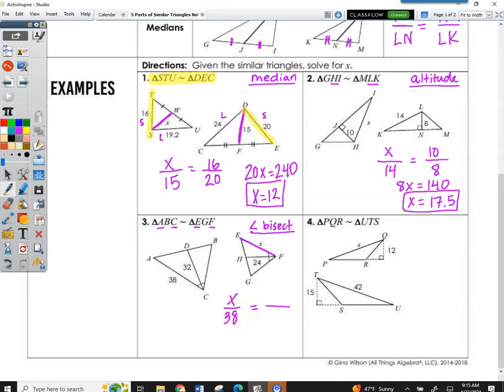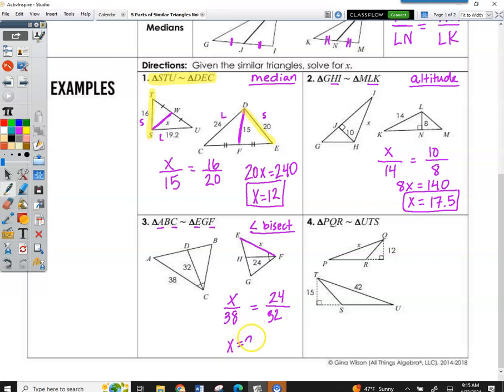Then my next fraction will be just the number. In this case, again, there's no extra info. No left. But be consistent. X came from the one on the right. So this top number has to come from the one on the right. So it'd be 24 over 36. Cross multiply and solve.